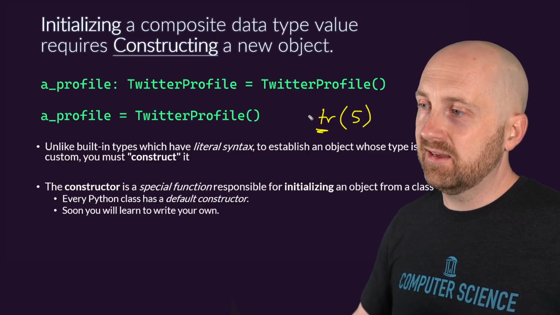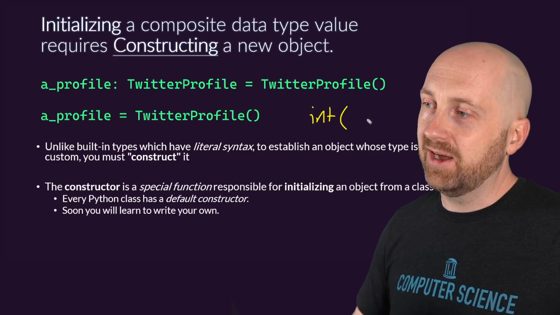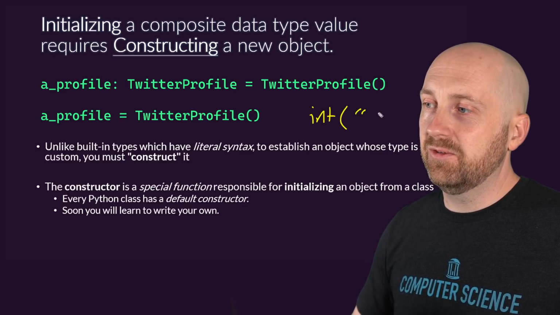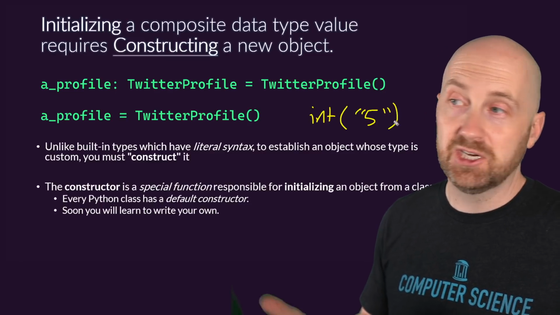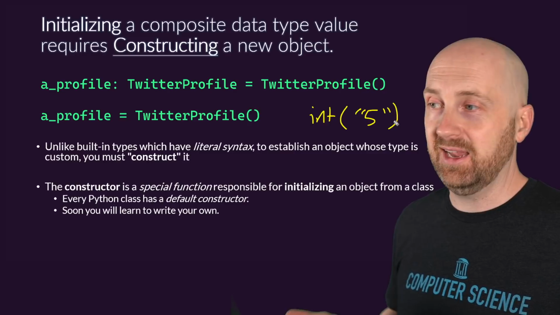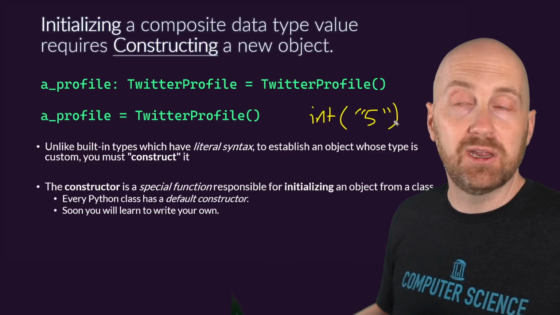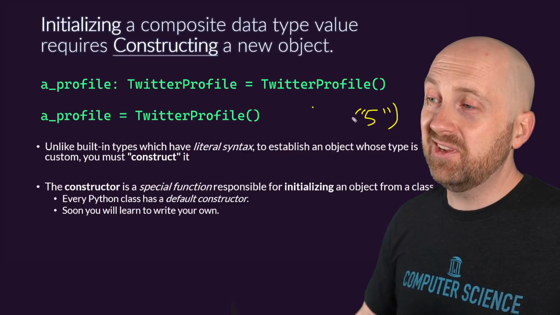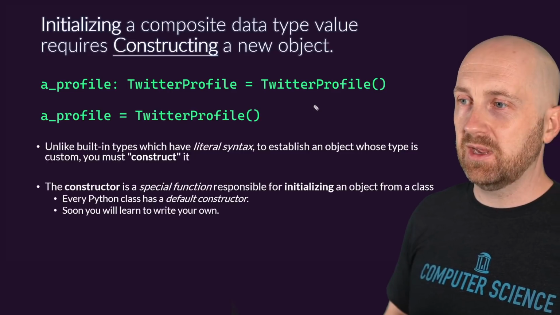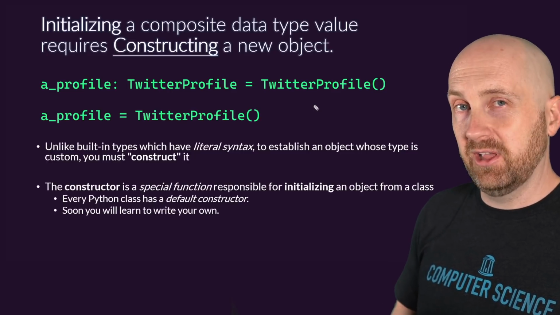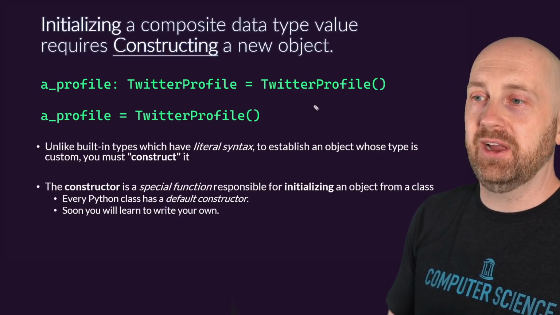Similarly, we can use the int constructor to construct an int value from, say, the string 5. And we've used that before to convert a string that had characters which represented a number to an actual number we could perform arithmetic on. So you've seen constructors before, but those were built in and you never saw their definitions, and we had literals available to us in order to initialize our values in a more direct fashion.